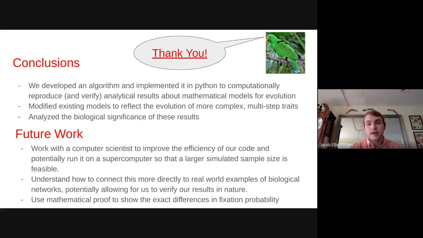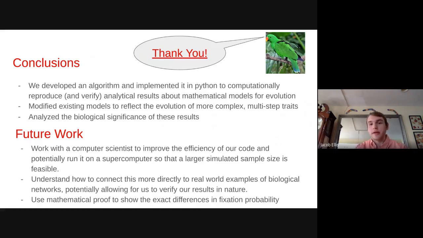Of course, we changed it up a little bit with the mutation stages, and we made more complex multi-step traits, and we modified the existing model of the Moran process to do this. And then we analyzed the biological significance of these traits. We also did really well in the Denver Science Fair and won the Mu Alpha Theta Award and moved on to the Colorado Science Fair, which we thought was really cool.